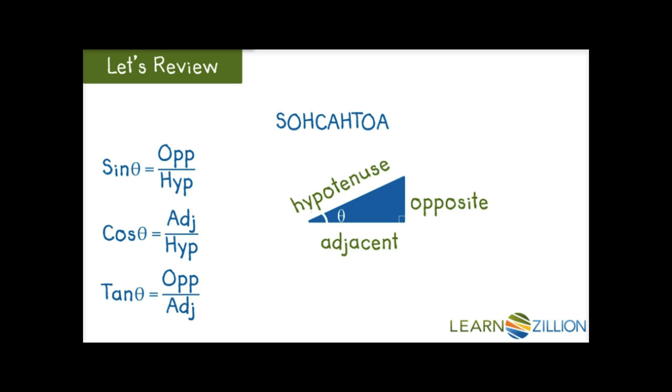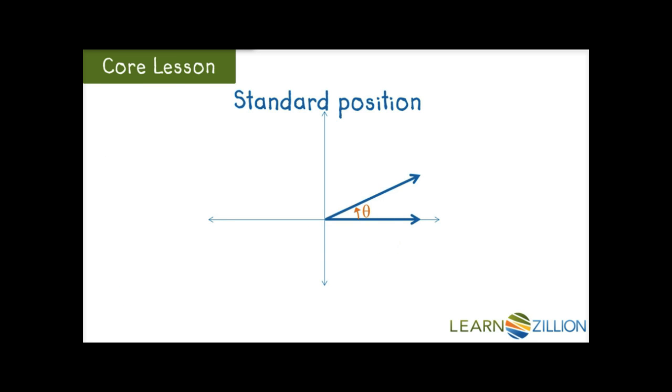Note that with this method, you would not be able to find the sine, cosine, or tangent of the 90-degree right angle, only the acute ones. In a previous lesson, you learned that in trigonometry, we measure angles in standard position.